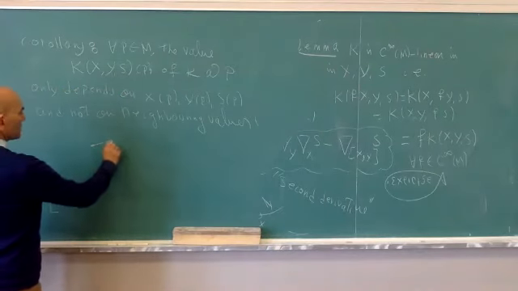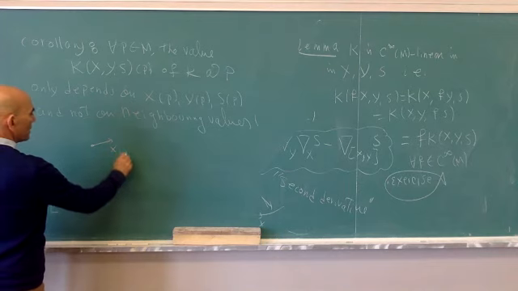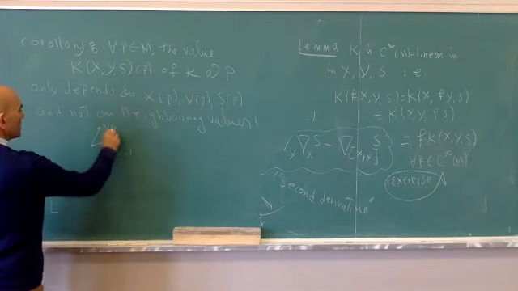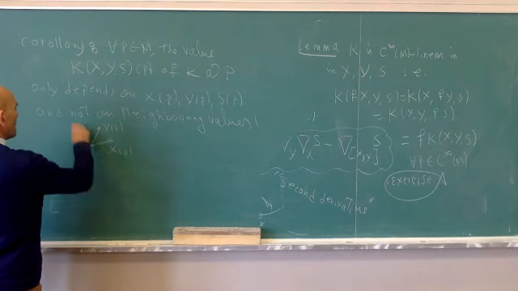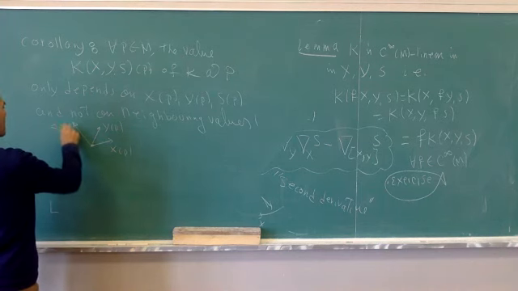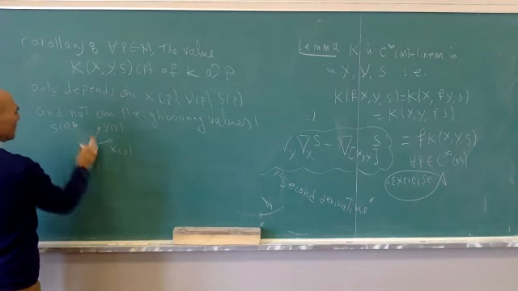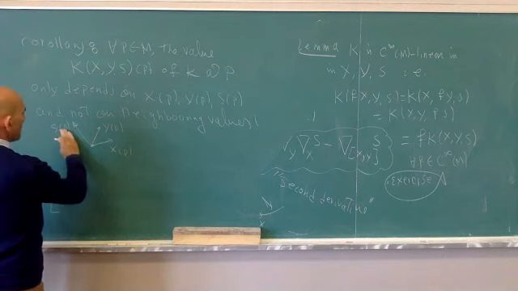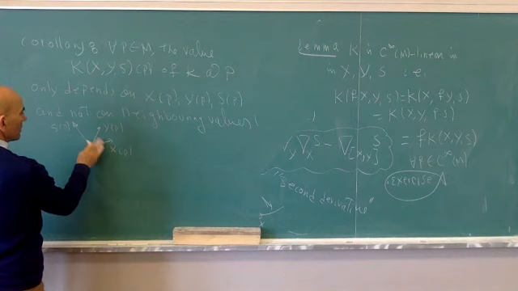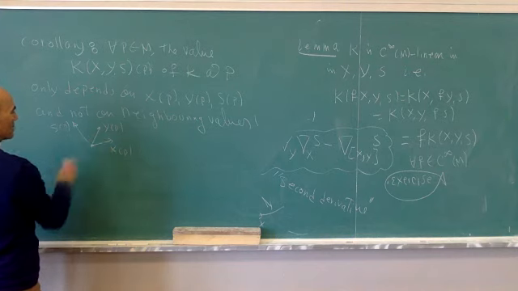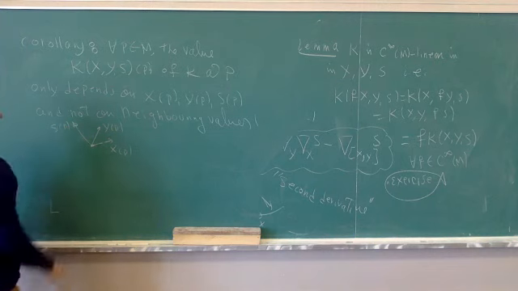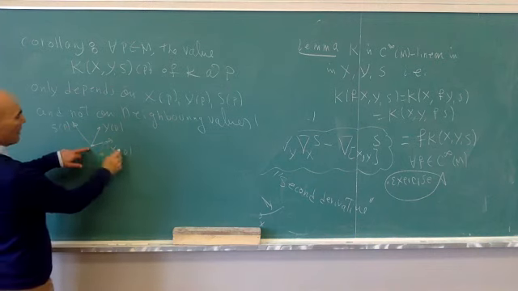So this is just x at p, y at p, and then s at p. So it basically tells us that the amount of mixed variation of s with respect to these two directions is independent of neighboring values of x and y.